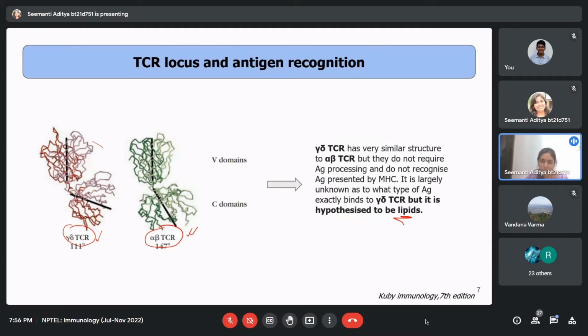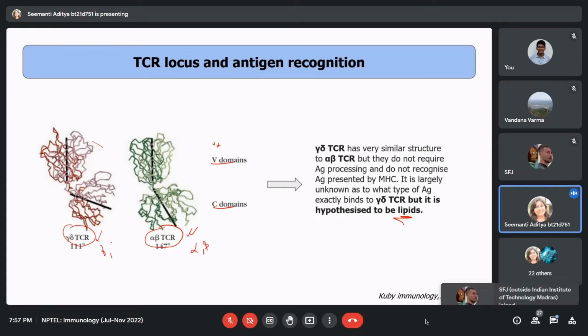Now, all the T cell receptors also have variable domains and a constant domain, similar to that of the immunoglobulin molecules or B cell receptors. And the V domains and C domains interact with the opposite domains of your MHC molecule. T cell receptors will have two chains. The alpha beta T cell receptor has two chains, mainly the alpha chain and beta chain, and the gamma delta receptor has two chains, again the gamma chain and delta chain.